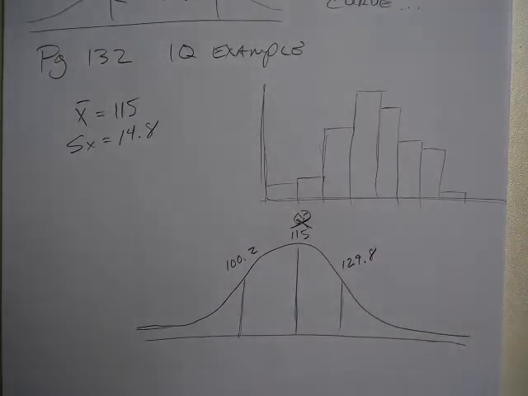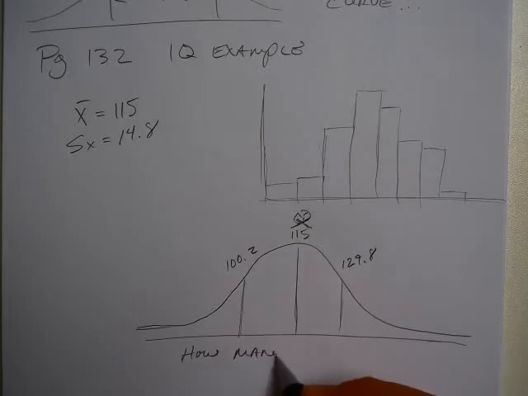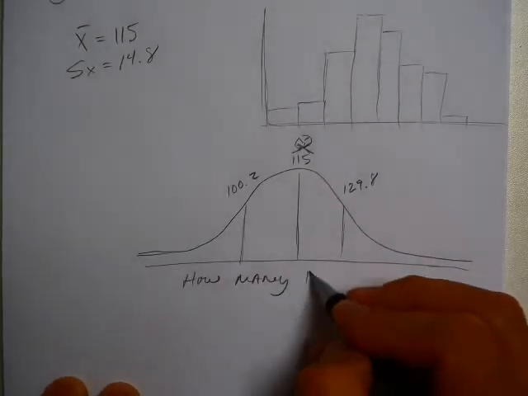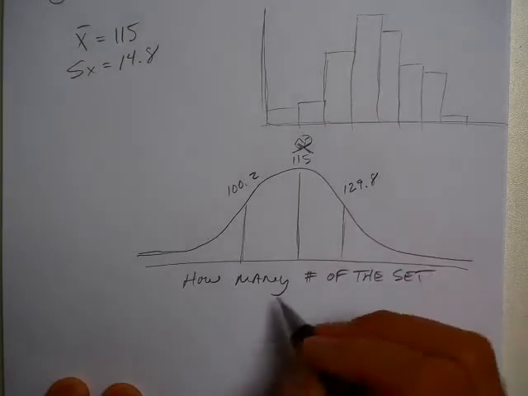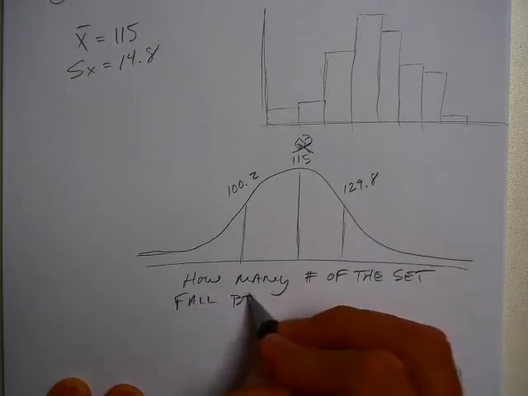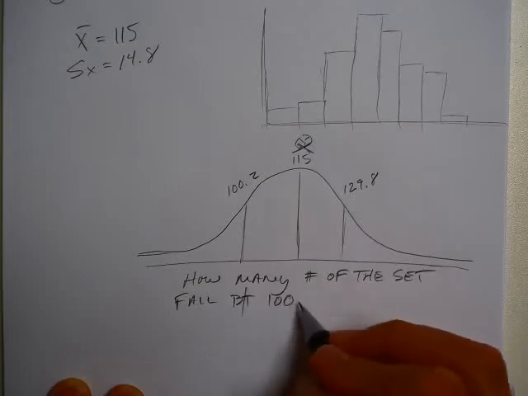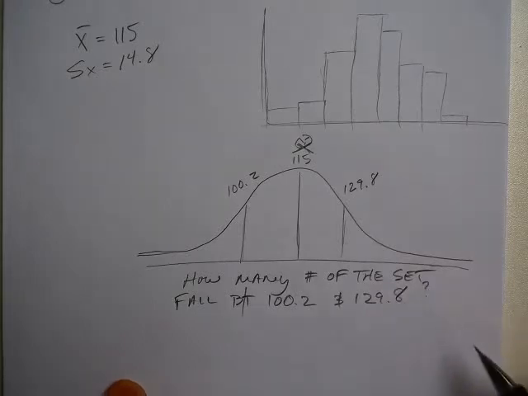A question that we want to ask of our set of data is how many numbers of the set fall between 100.2 and 129.8. Then we'll take that number and divide it by 60, because there are 60 pieces of data.